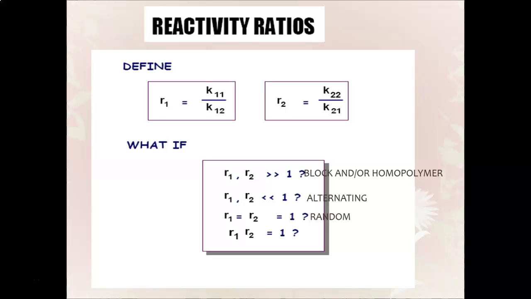So perfect alternation: an alternating copolymer will occur when both r1 and r2 are 0. This condition enhances the possibility of producing a polymer with an appreciable amount of both monomers. So it means that it has a 0 value or 0 point something, which is less than 1.